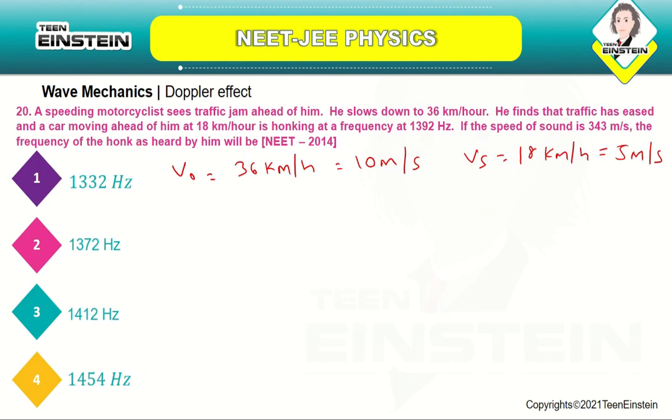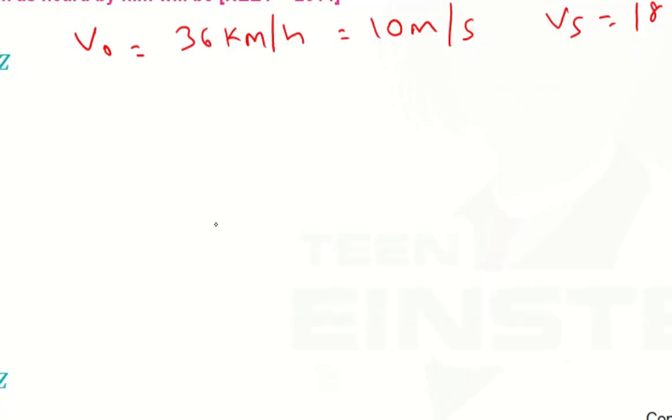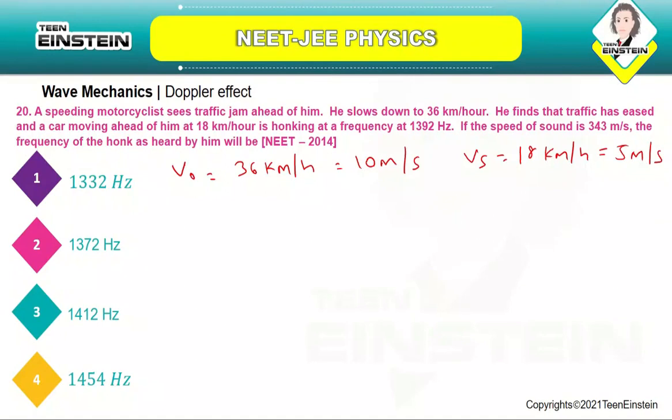That is from the observer O and it is from the source S. So we know that n dash is equal to n into (V plus V0) by (V plus Vs).